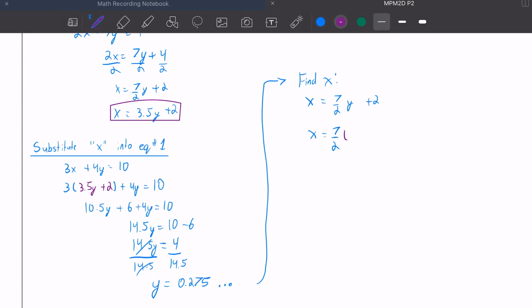So we're going to put the 0.275 in. And what we're going to get is 2.9655. Keeps going on for eternity. But we're just going to take some of it.